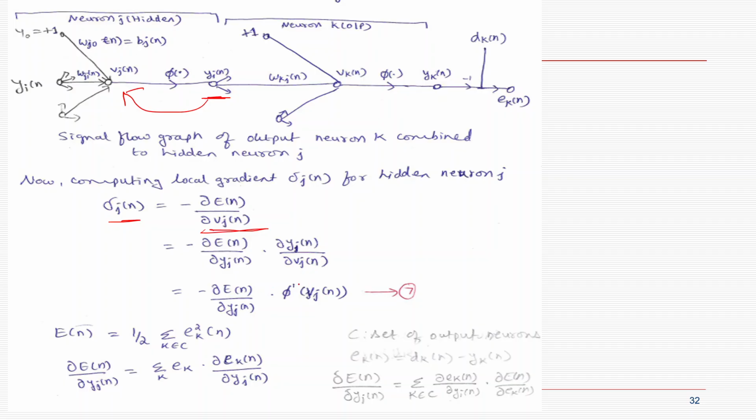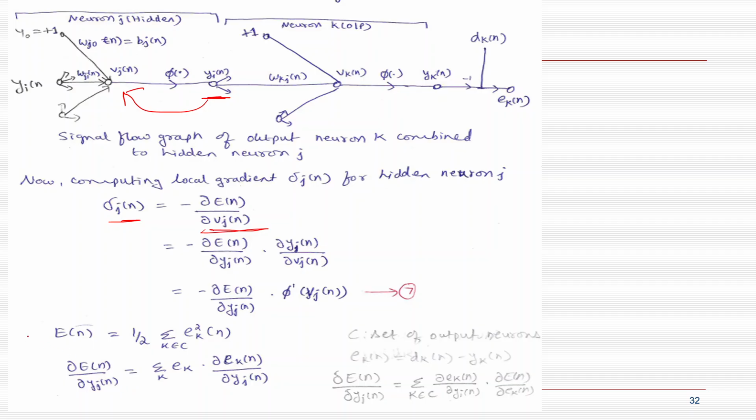Now we know the differentiation of y j of n with v j of n is phi dash of v j of n, which we already got previously. And E of n is the total squared error for all the nodes. Therefore, it becomes 1 by 2 times the summation over k belonging to C of e k square of n.